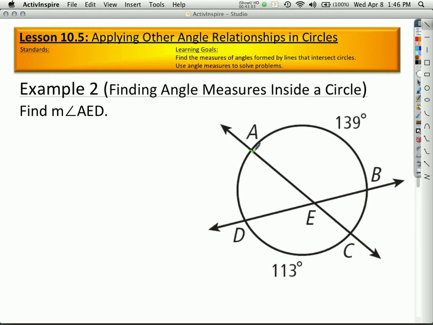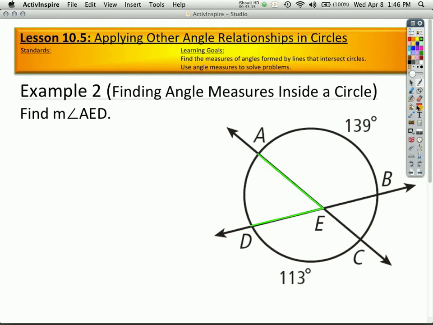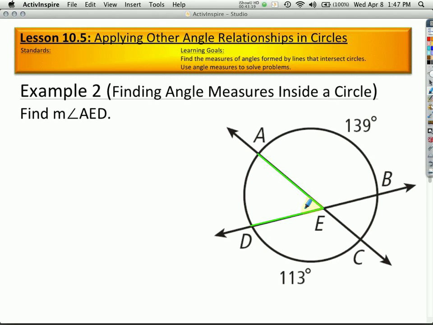I am looking for the measure of this angle. And the angles inside a circle theorem says that there's a relationship between this angle and the 2 intercepted arcs. However, we don't have the angle and we don't have the arcs. But what do we have?